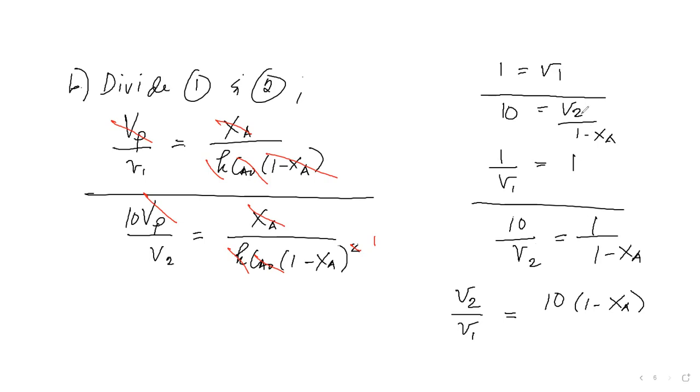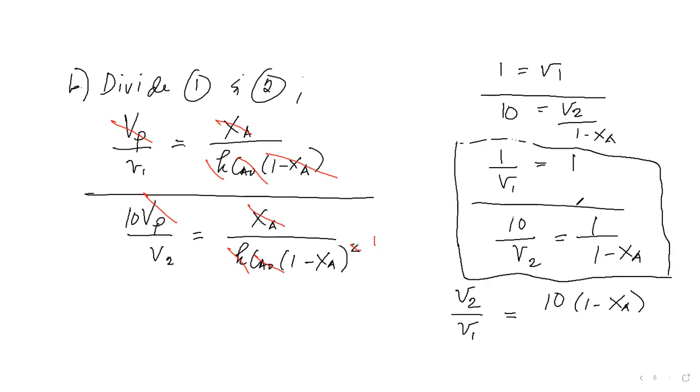If you have V2, I'll place a box in here, because I'm simplifying our equation. So if it's V2 over V1, 1 minus XA goes there.